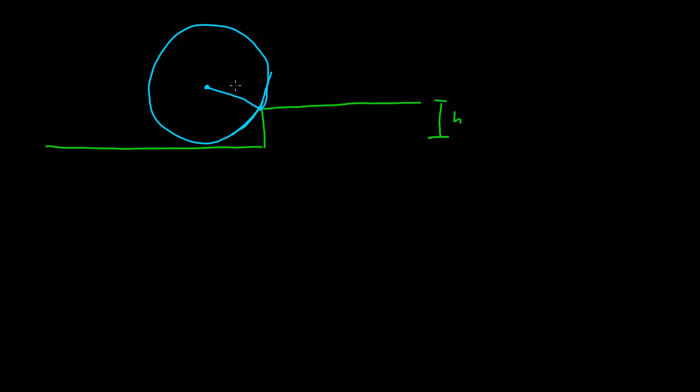This has radius r. I'll write this over here. I'm going to apply a force to the very top of this ball, and at the moment, it's static in that it's not moving.